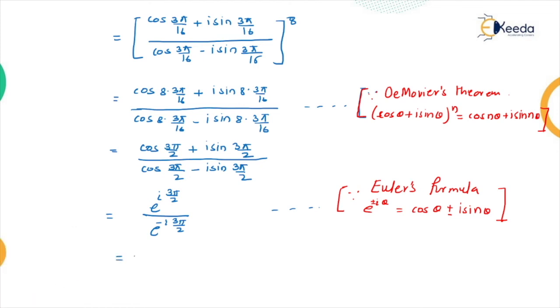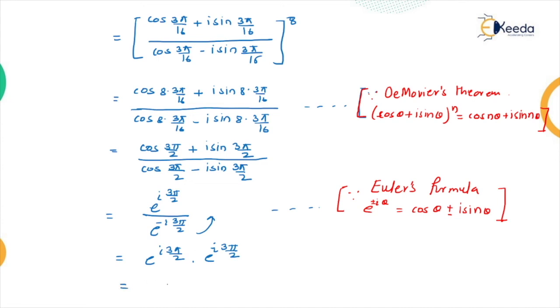The next step is very easy. So this is e to the power i 3 pi divided by 2, and the denominator is shifted into the numerator, so the power becomes negative to positive, means plus i into 3 pi divided by 2, guys.